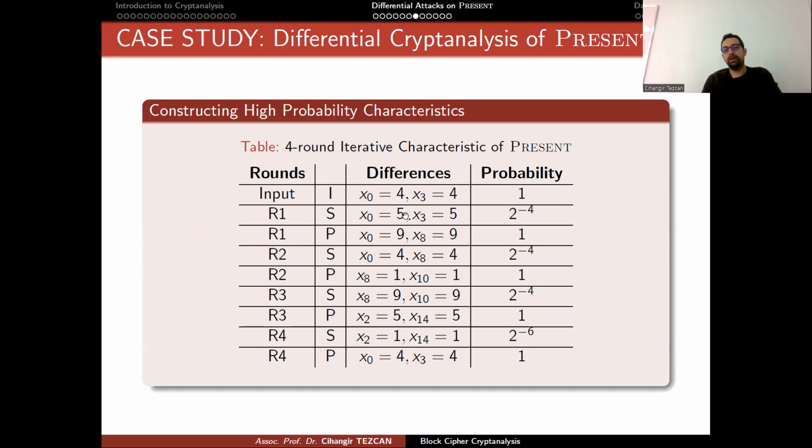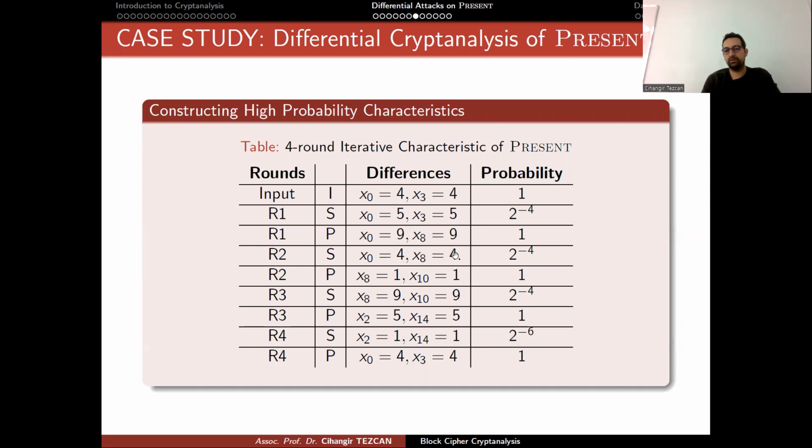Okay. So the permutation layer actually changes the places of these bits. So now it becomes x0 and x8. But since the permutation layer happens with probability 1, this doesn't introduce any problem for us. Now we have an S-box input 9, and we say that the output difference of this S-box will be 4 with probability 2 to the minus 2.